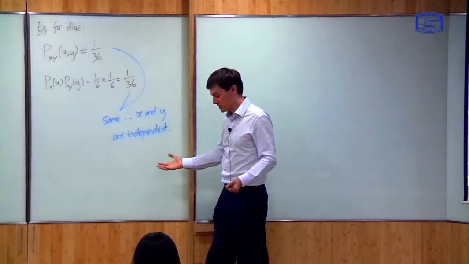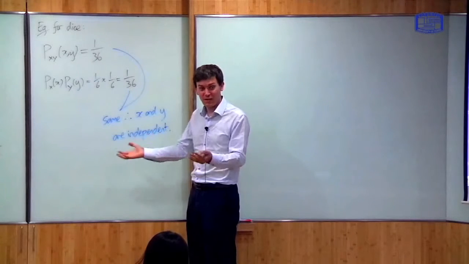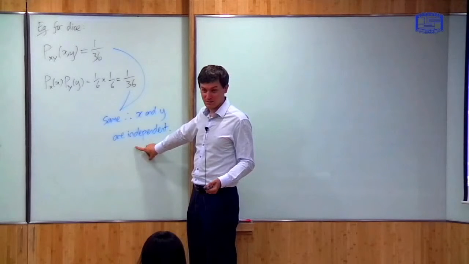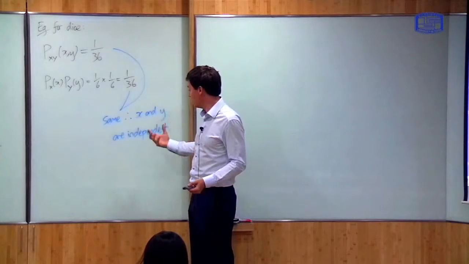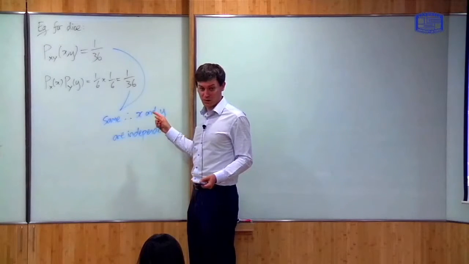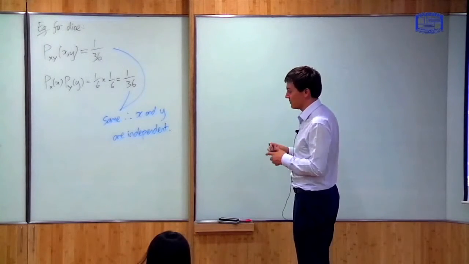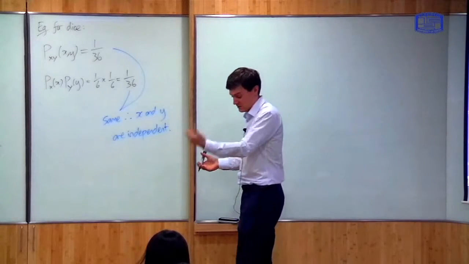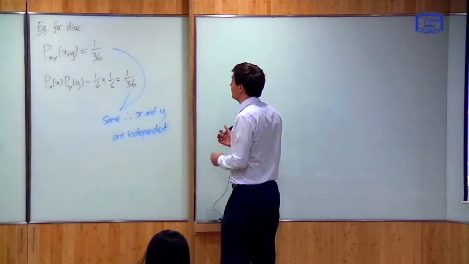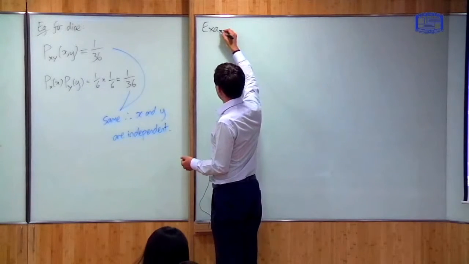Rolling a 3 on the first dice does not make it more likely to get a 3 on the second dice. There's no connection between the two results. And that's what independence means. So x and y are independent means that the result of x in no way affects the result of y. In the case of dice, they are independent. The first dice does not affect the second dice. So that's the example of independent variables.